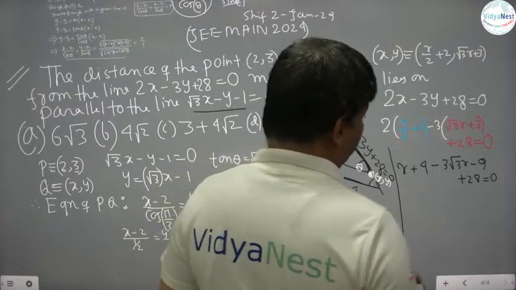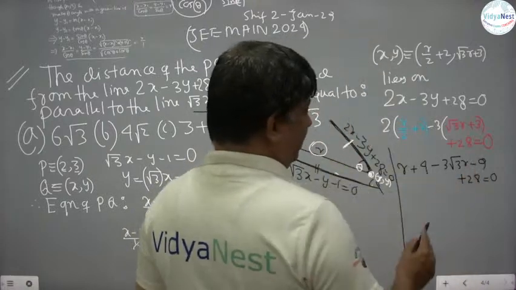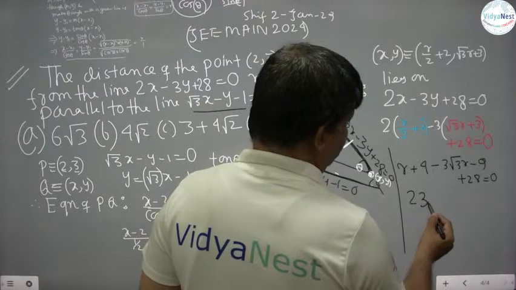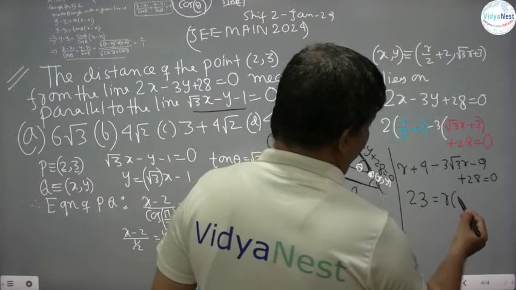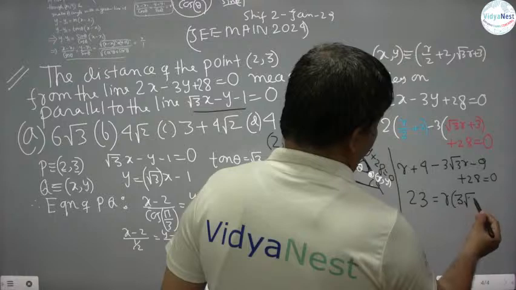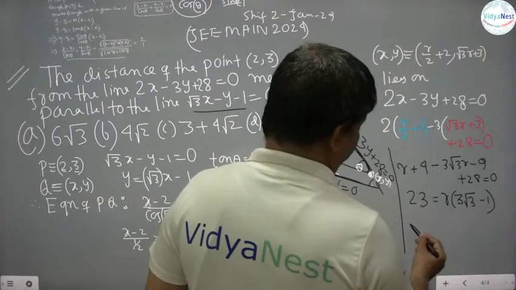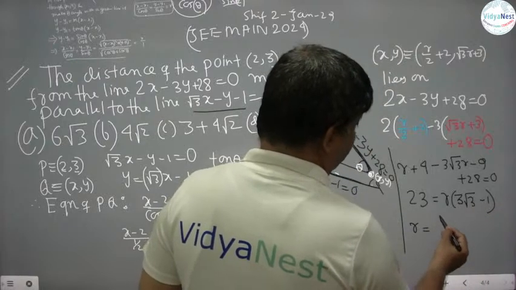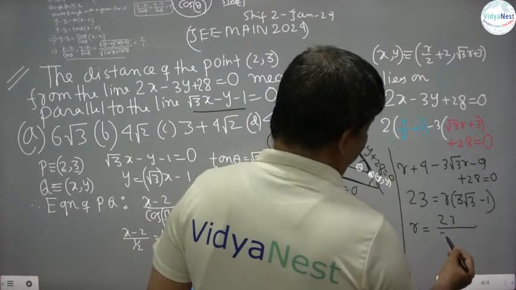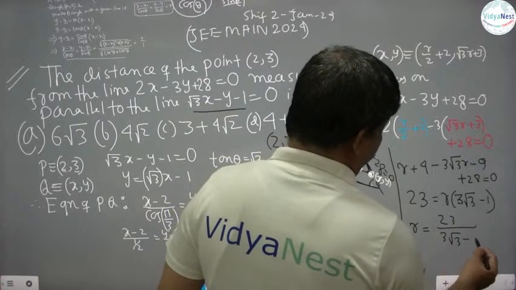So, 4 minus 9 minus 5, 23, and r times 3 root 3 minus 1. So, what is r? 23 by 3 root 3 minus 1.